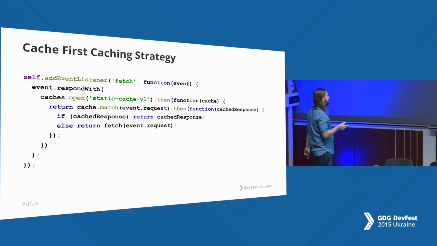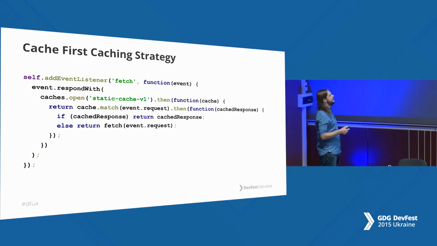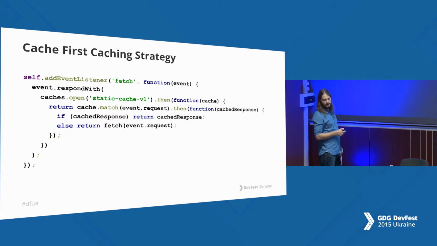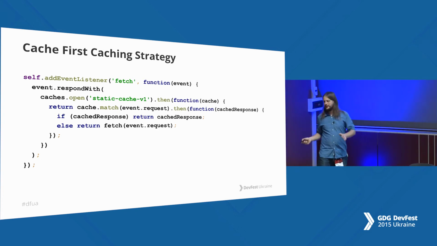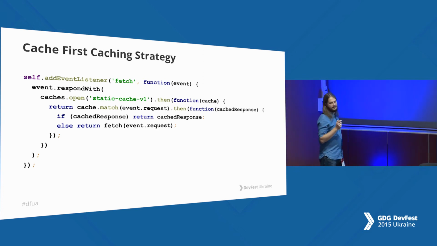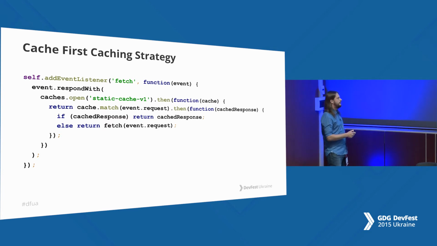So you see again this self.addEventListener, and one new event, a fetch event. What is this event about? This event is fired in the service worker every time a network request happens. So you kind of intercept a network request. And you see this event is a fetch event, and it has a special method, respondWith.